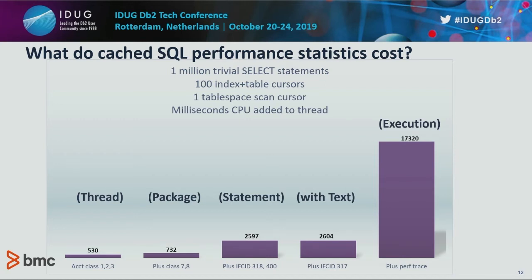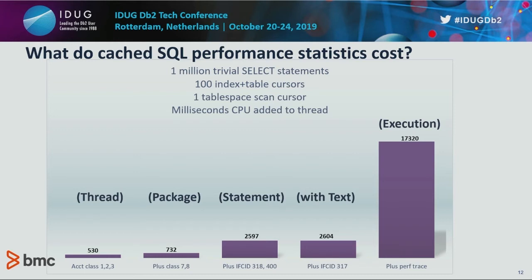I did mix in a few cursors in addition to the very trivial select statements. And the overall baseline was about 11 seconds of CPU. So then each bar represents how much was added in milliseconds as I ran this workload.